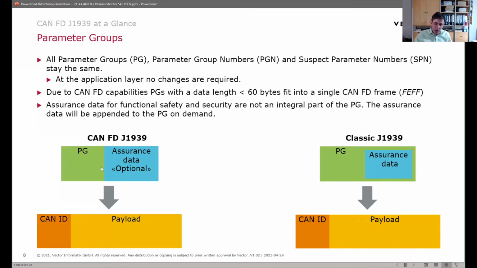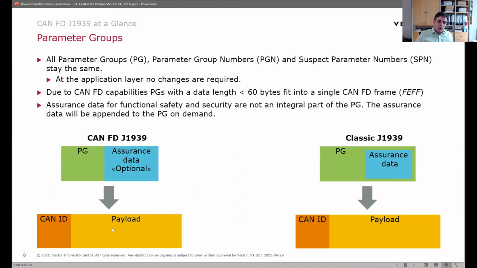So this goes together in the same CAN frame, so you do not have to utilize complex state machines and transmit assurance data in a different frame than your application data. And all this together goes into a large CAN FD frame, so the payload can be enhanced. So we are not limited to 8 bytes here.